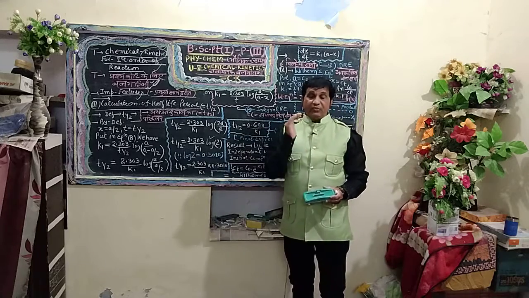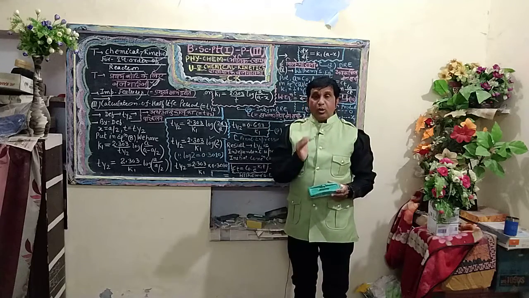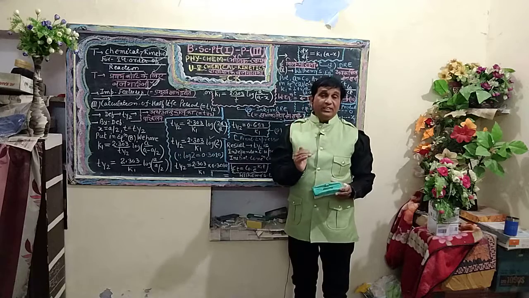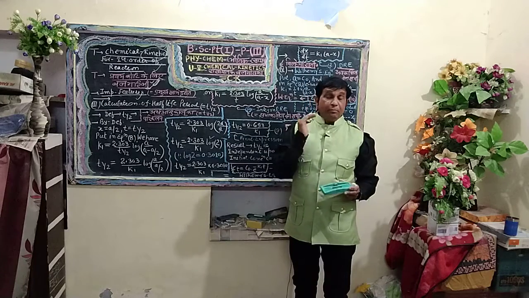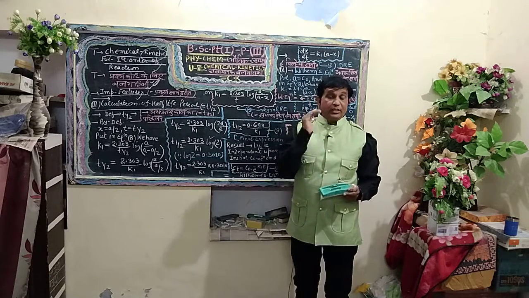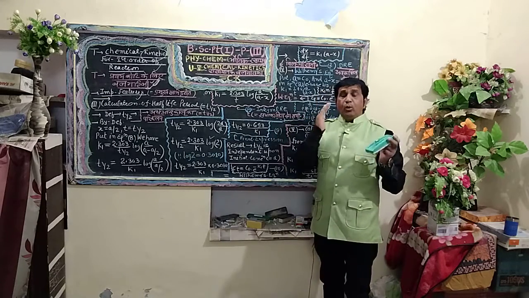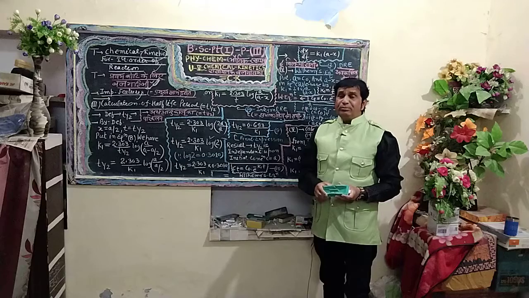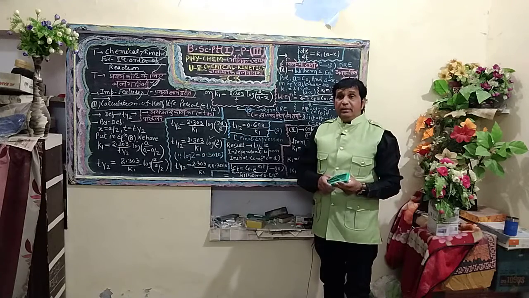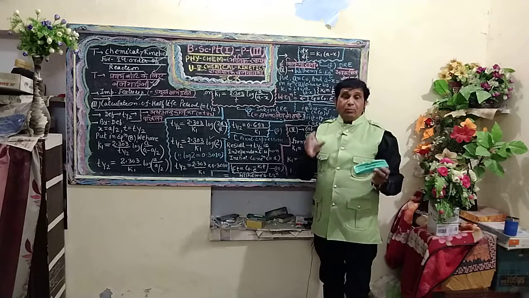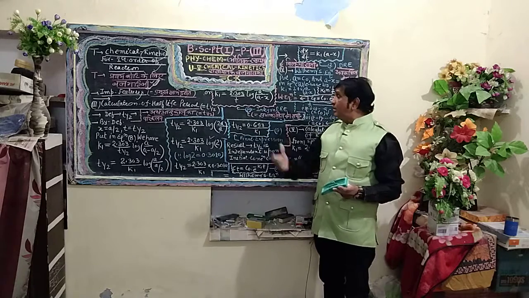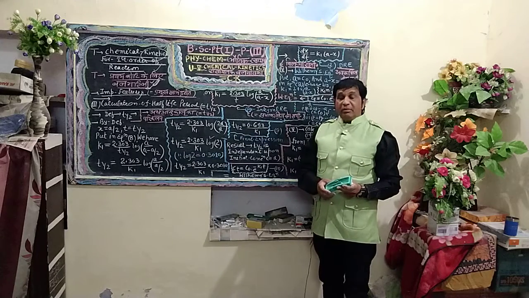It is known as the fundamental, original, basic rate equation in terms of the integral rate equation. The whole progress of the reaction can be studied by using equation number 8.